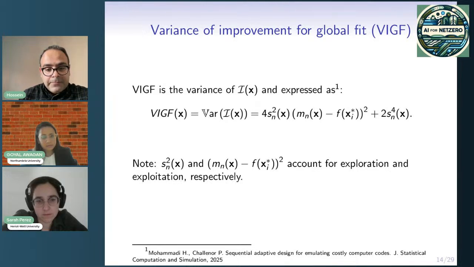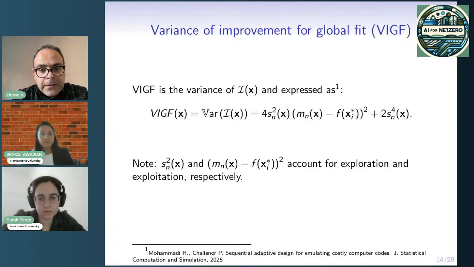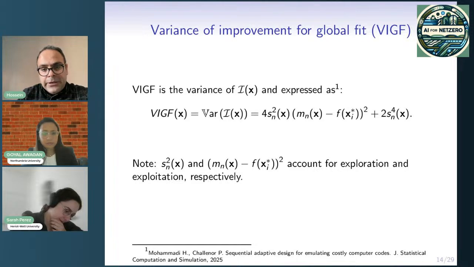If you are interested, please have a look at our paper, which explains why I of x follows a non-central chi-square distribution. As you can see, our acquisition function, which is the variance of I of x, is a combination of the posterior variance and posterior mean.